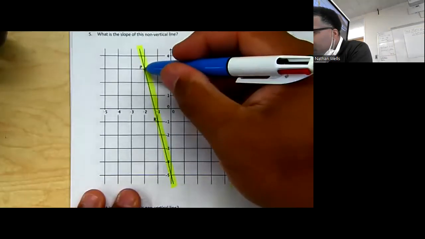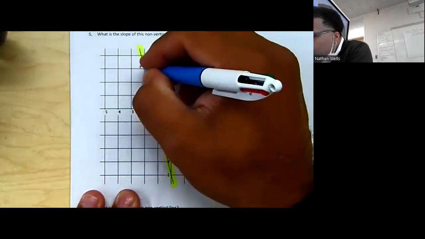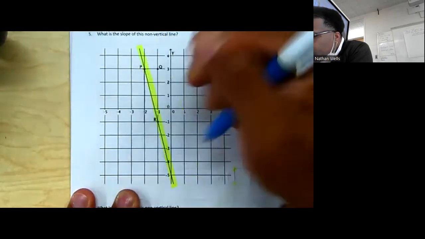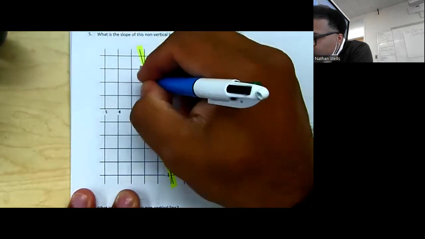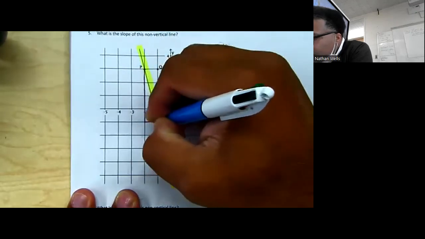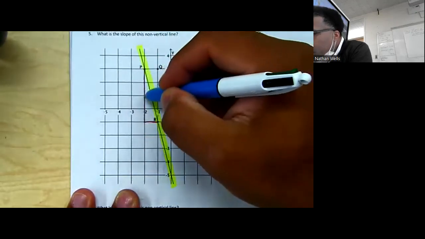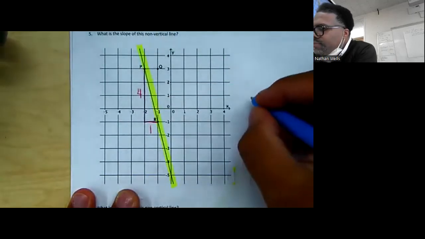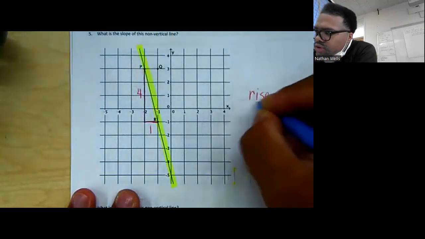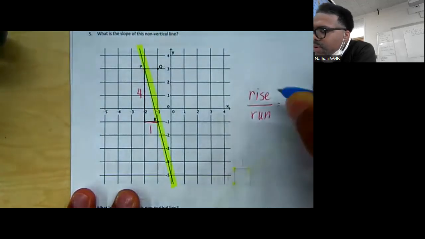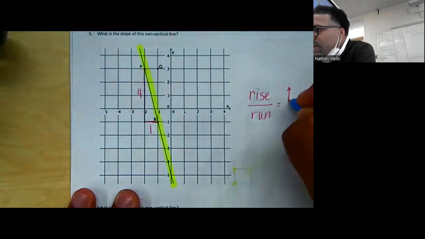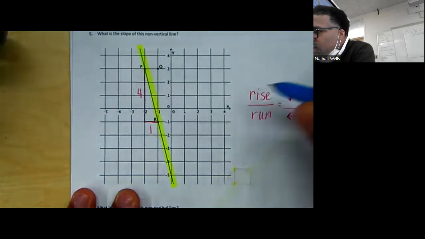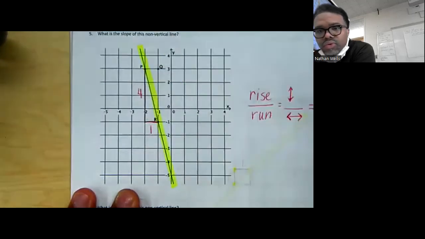But here are my 2 points, P and R. So I come down and I go over. 1, 2, 3, 4. It came down 4 and I ran over 1. So what was my rise and what was my run? Remember, rise goes up and down. Run goes from left to right. It goes across. So 4 was up and down.